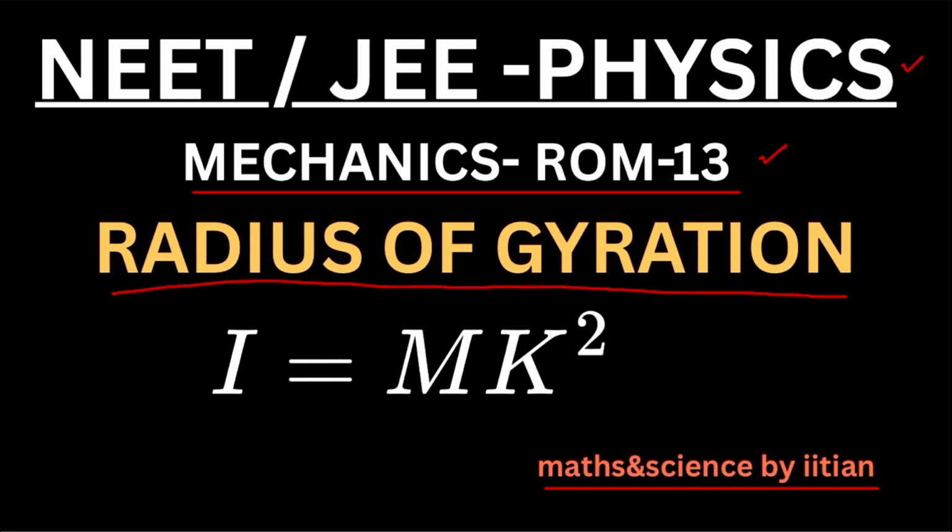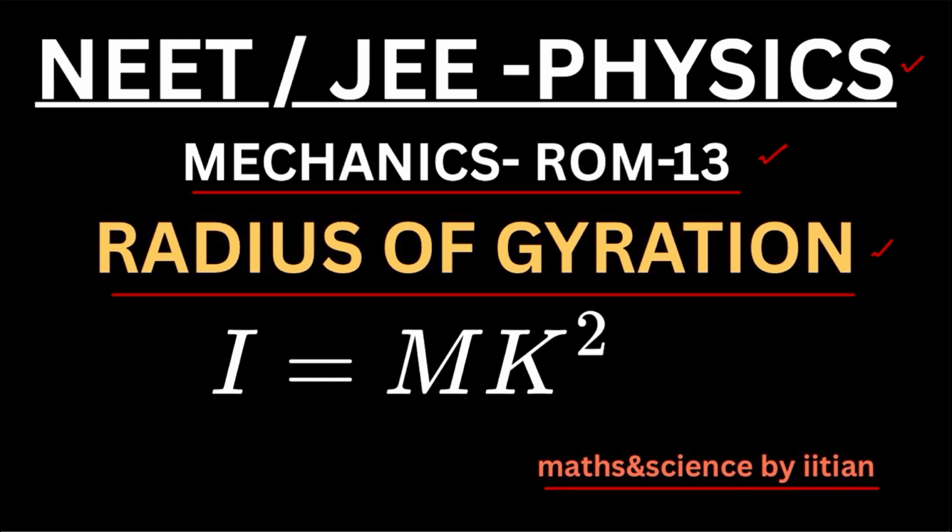It's a very important concept for finding the moment of inertia, because the crux of solving many problems in rigid body motion or rotational motion is finding the moment of inertia. We have seen previously how to find the moment of inertia.